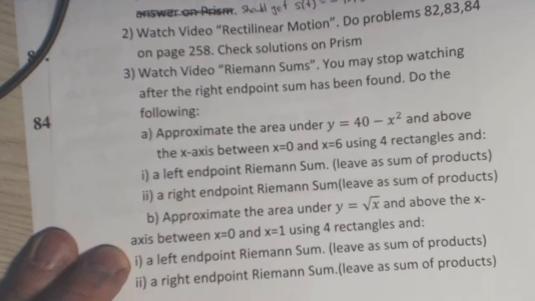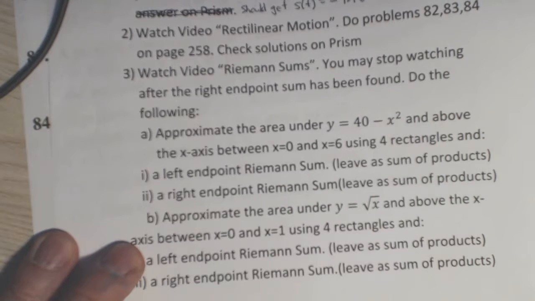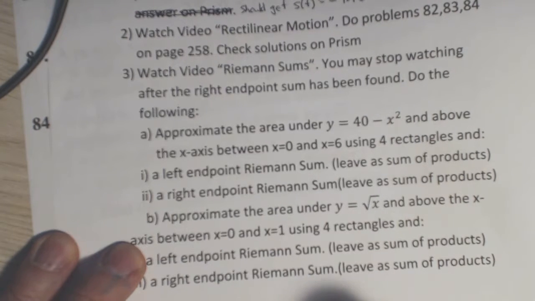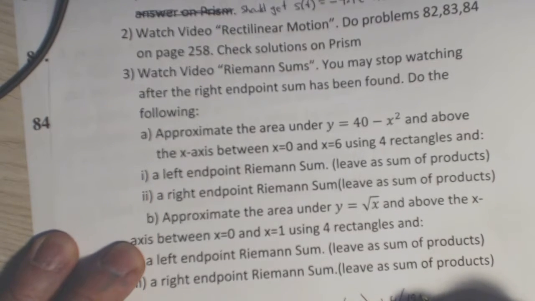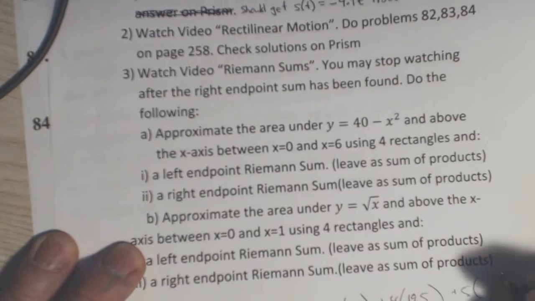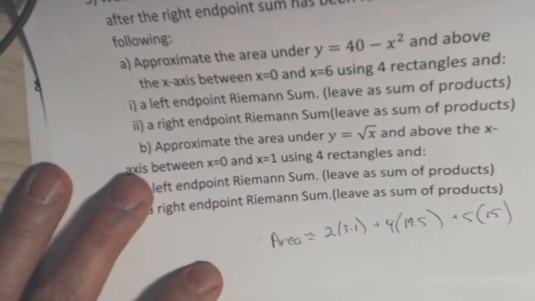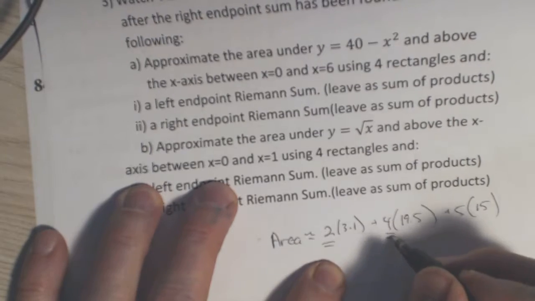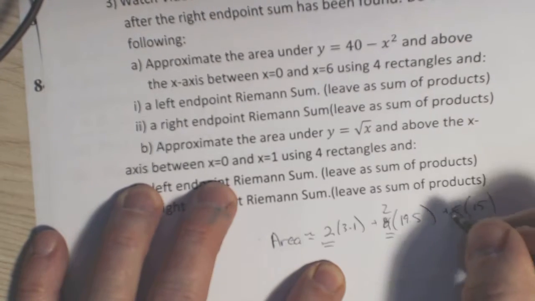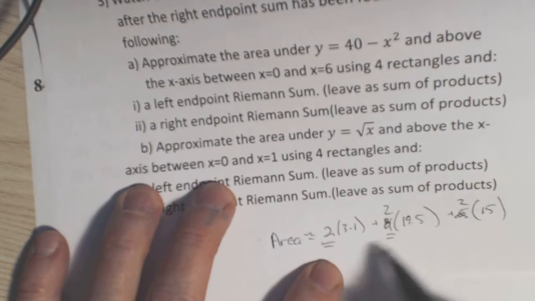What sum of products means, it might be something like you're approximating an area as a sum, so the area might approximately be 2 times 3.1 plus 4 times 19.5 plus 5 times 15. That's a sum of products. Actually, in yours, this number right here will always be the same. So if it's 2 there, it'll be 2 there, and it'll be 2 there because it represents a width of rectangles that are all the same. But that's a sum of products.